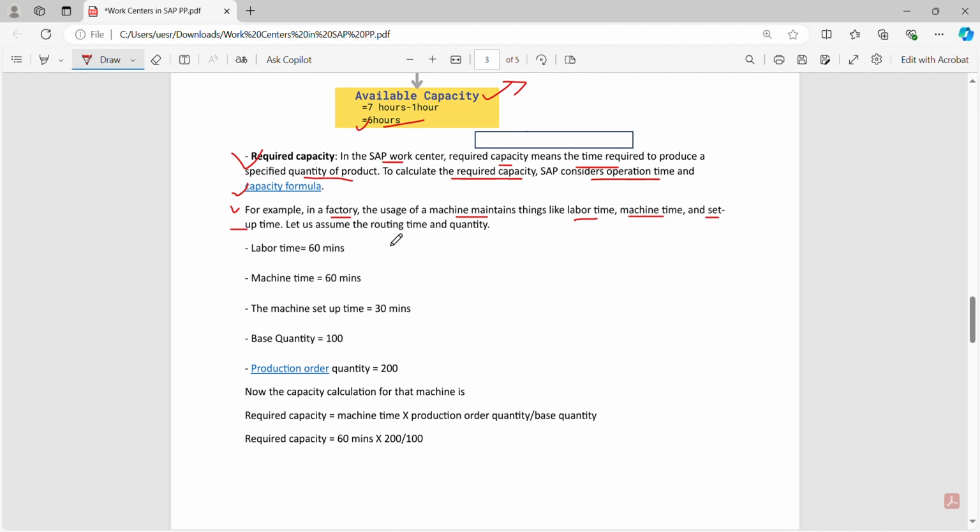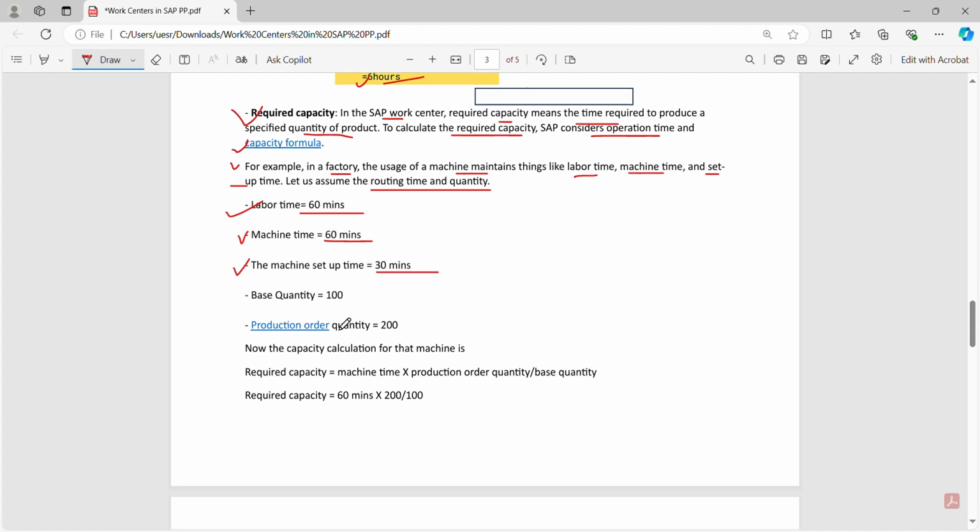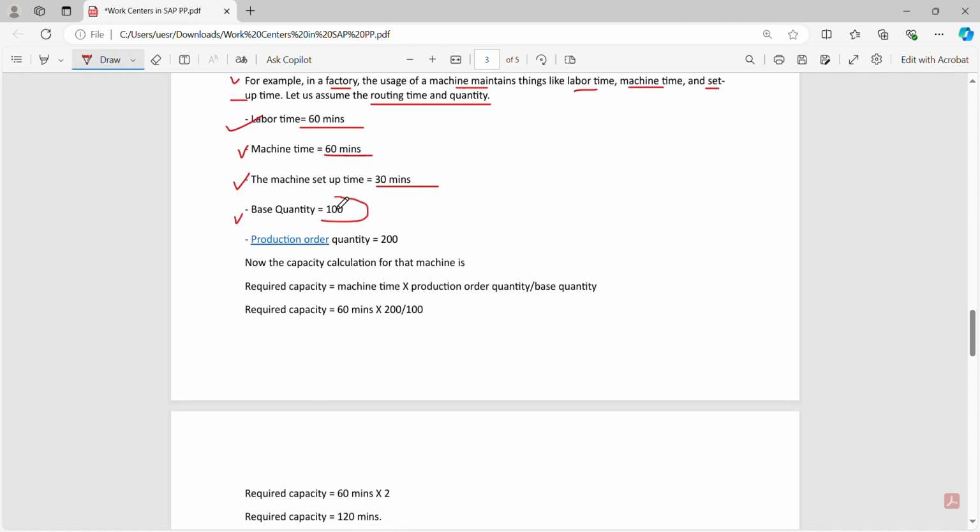For example, in a factory, the usage of a machine maintains things like labor time, machine time and setup time. Let's assume the routing time and quantity. So labor time is 60 minutes, machine time is 60 minutes, machine setup time is 30 minutes, base quantity is 100, production order is 200.